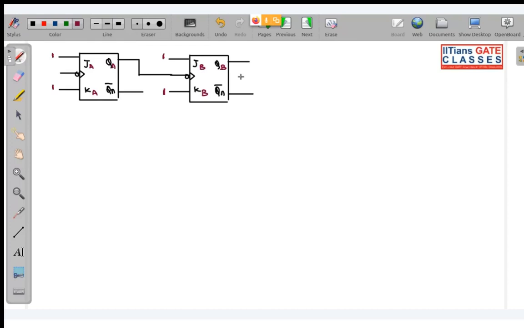Okay, let me ask you this question later on. First, let us draw the clock pulses. This is also negative edge. You can take positive edge also. It's up to you, but here I am taking negative edges.